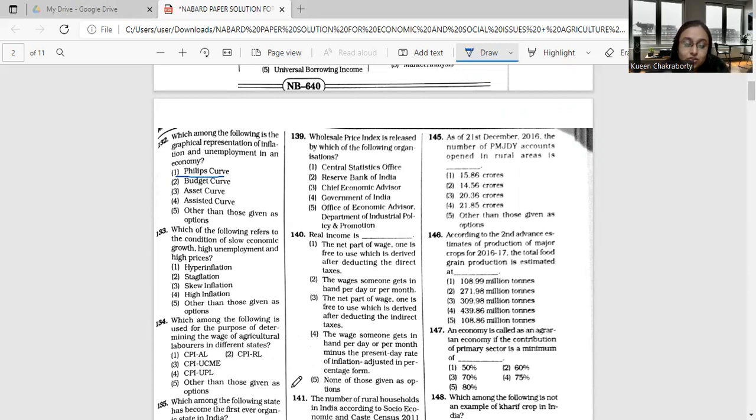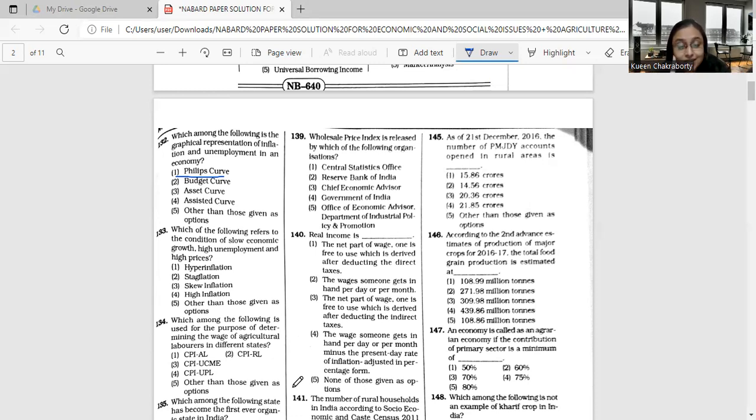Stagflation is basically a condition of slow economic growth and relatively high unemployment, economic stagnation, accompanied by rising prices or inflation and a decline in the GDP, the gross domestic product.